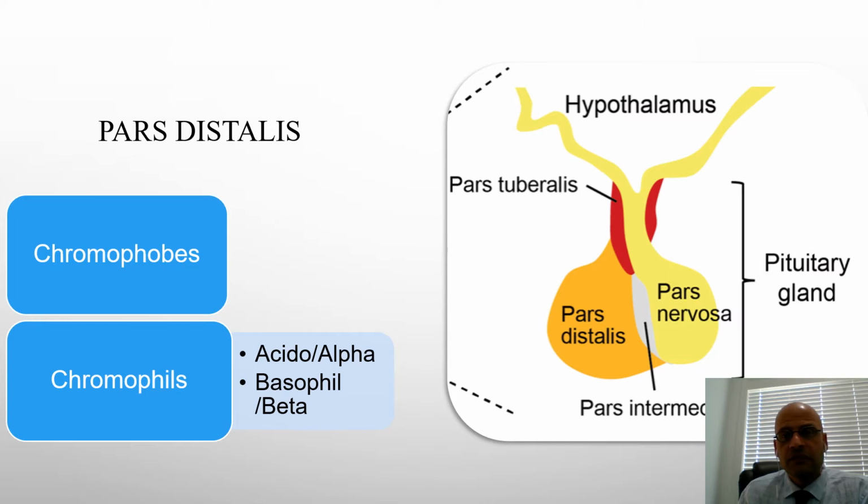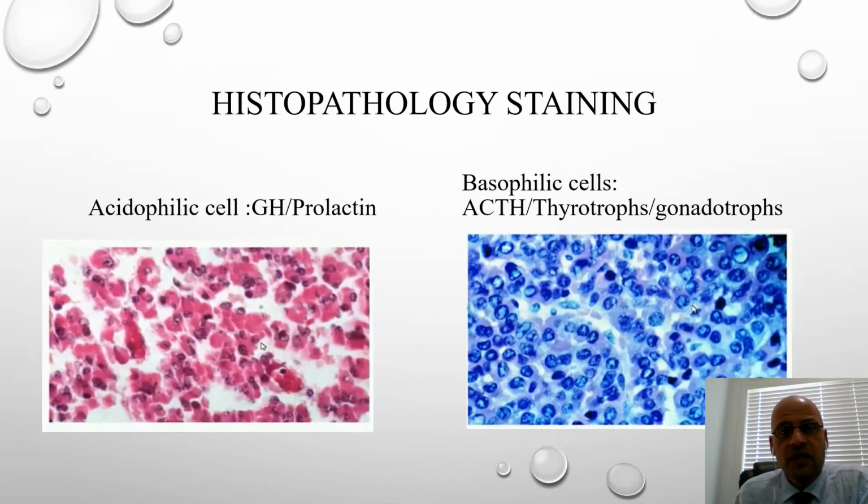The pars distalis, or the adenohypophysis, will have two types of histopathological cells or groups. The group that doesn't take any stain, chromophobes, and groups that stain well, the chromophils, either to acid stains or to basophil stains, so the alpha and beta respectively.